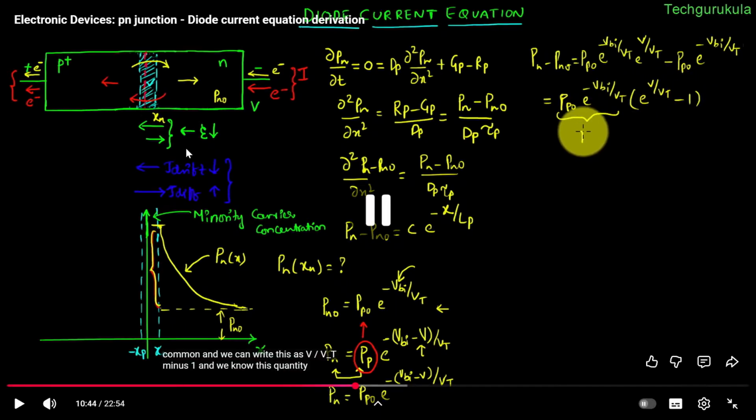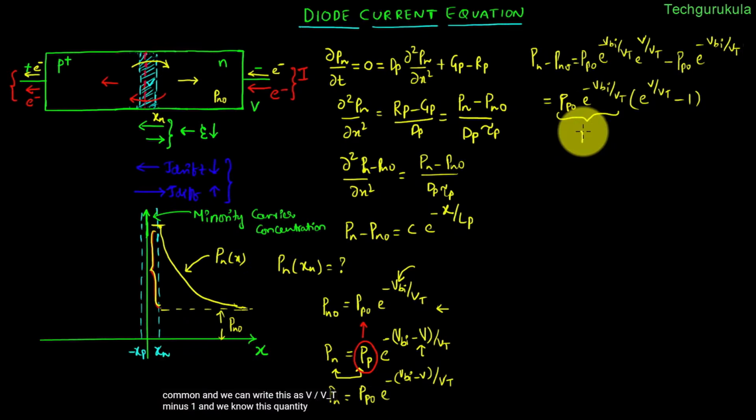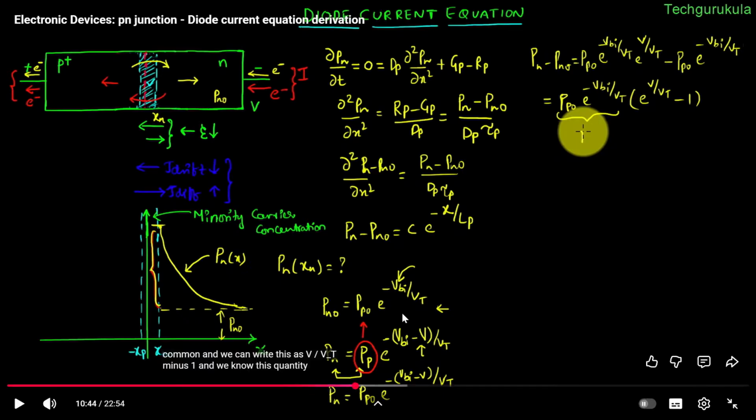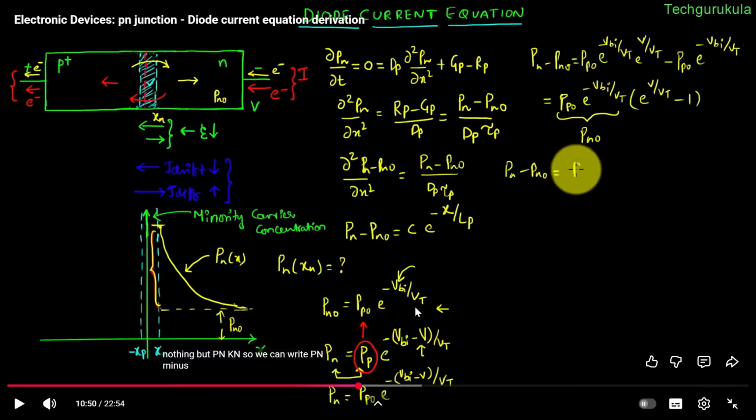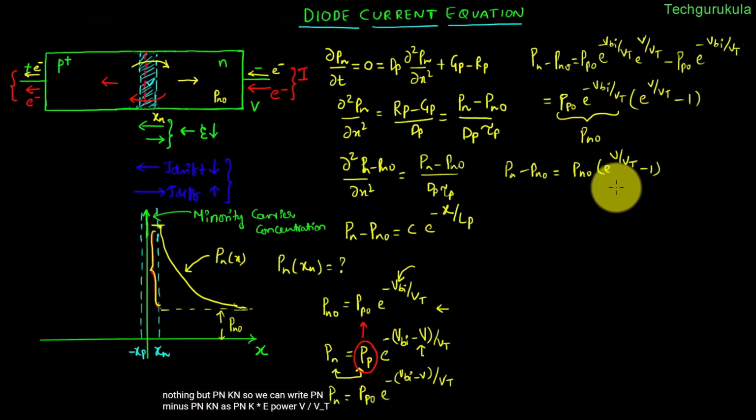And we know this quantity is nothing but Pn naught. So we can write Pn minus Pn naught as Pn naught times (e power V over Vt minus 1).